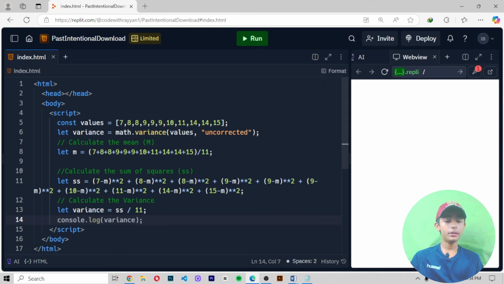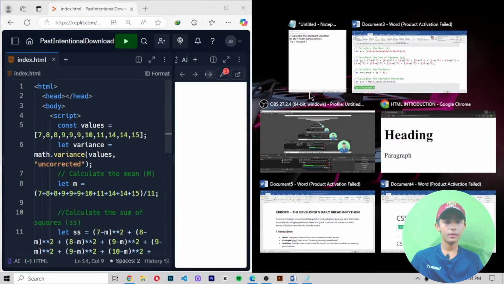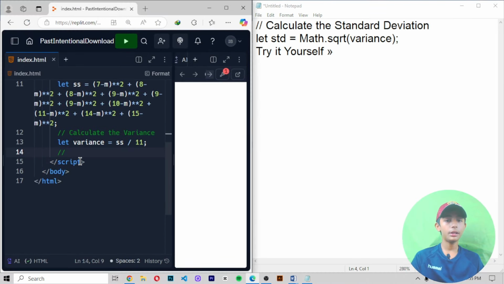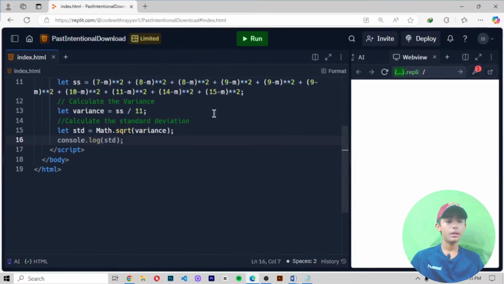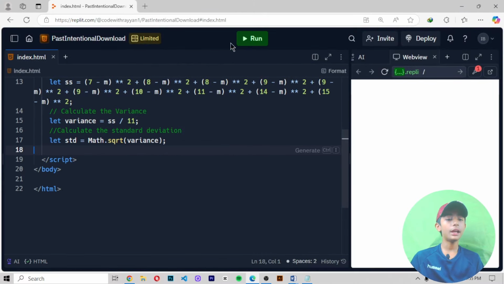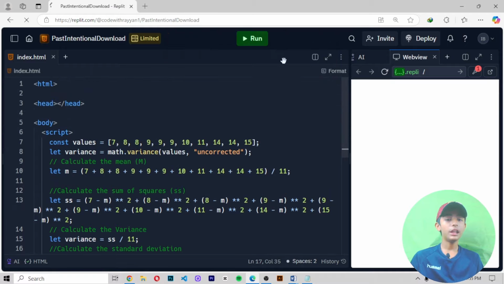Then here we write slash slash calculate the standard deviation. Then here we write let std equals Math.sqrt of variance. Like that you can do it very easily. So here we calculate the standard deviation. Like that you will run your code.